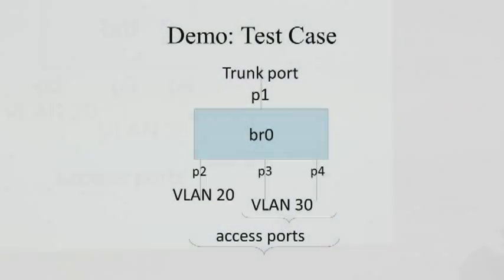So the test case that I'm going to look at for this demo is we're going to suppose you have a switch with 4 ports. One of them is a trunk port. I'm going to call it P1 and put it on OpenFlow port 1. And then 3 access ports: P2 on port 2 as an access port for VLAN 20, and then 2 ports that are access ports for VLAN 30.